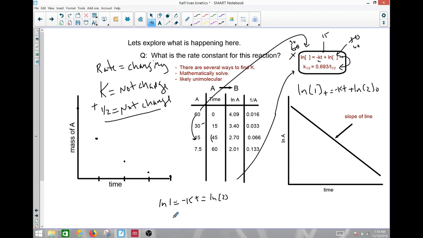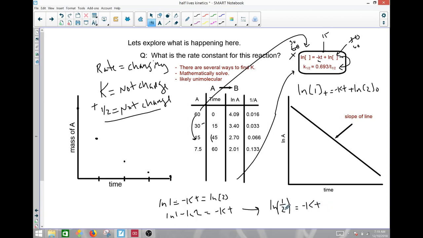I can change this into natural log of 1 minus natural log of 2 equals negative kt. And when I subtract these two, by the rule of powers, it's the same thing as natural log of 1 over 2, which is 1/2, which gives you negative kt.